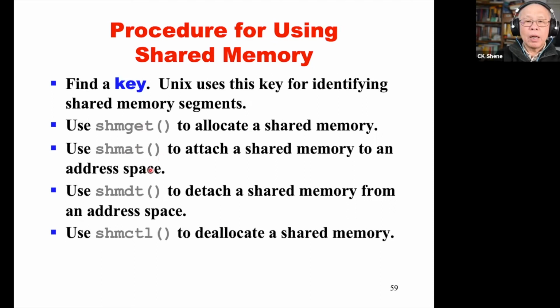After that, you could use the shared memory, putting something into shared memory and retrieving something out of shared memory and so on. After using the shared memory, use shared memory detach, shmdt, to cut the shared memory segment off your address space.